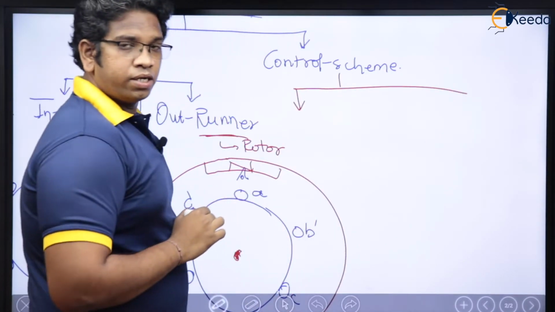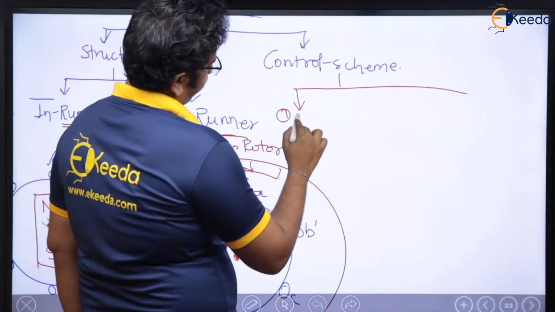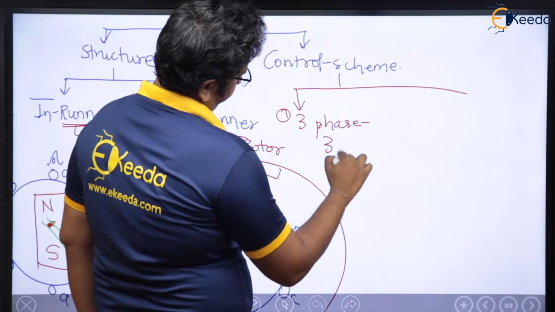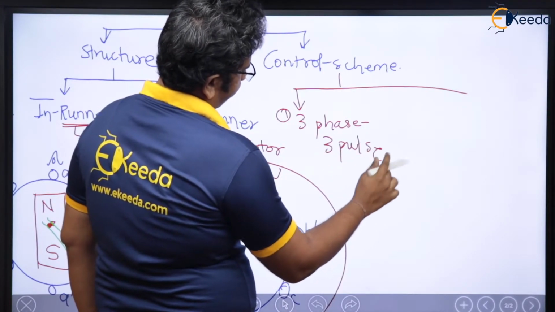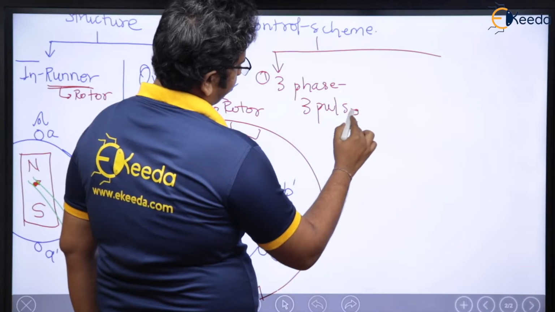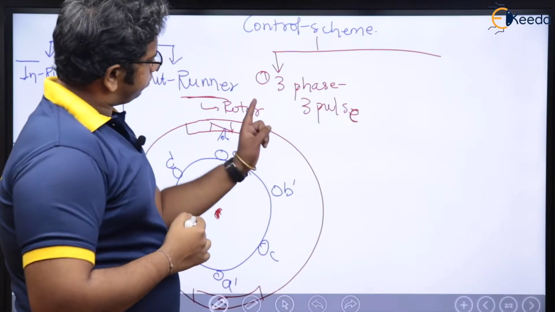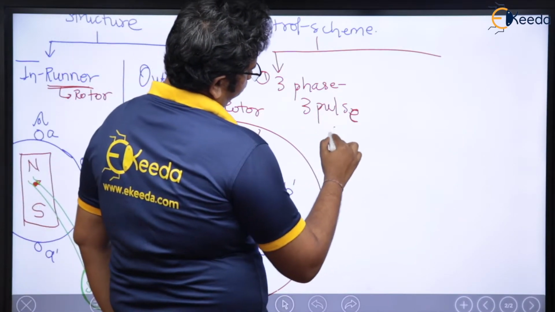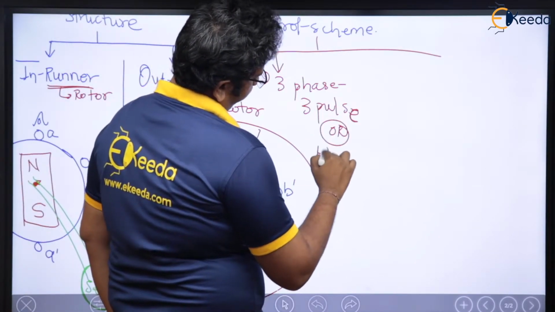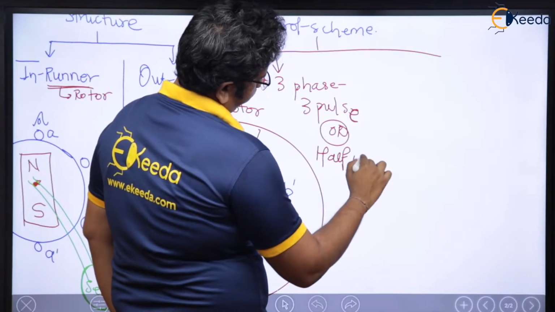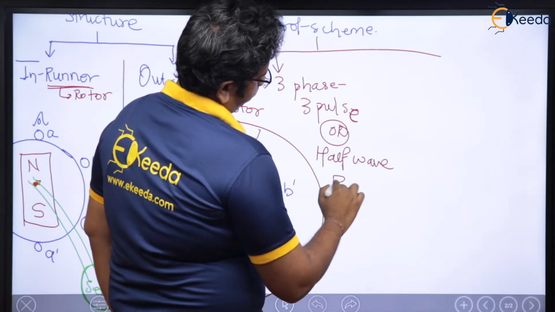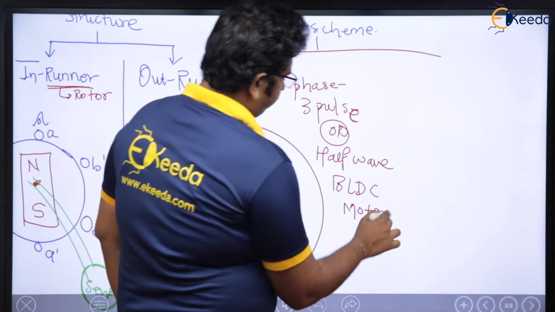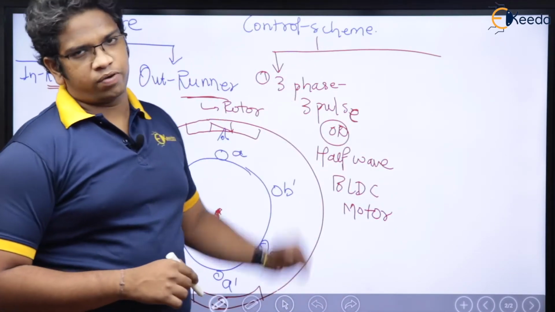First is going to be three phase, three pulse, or we can also say it as half wave BLDC motor. That is the first type, depending on the scheme of control.